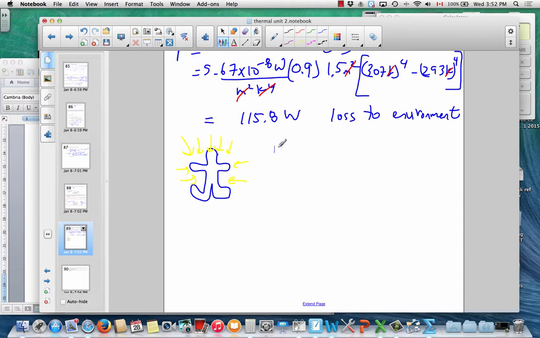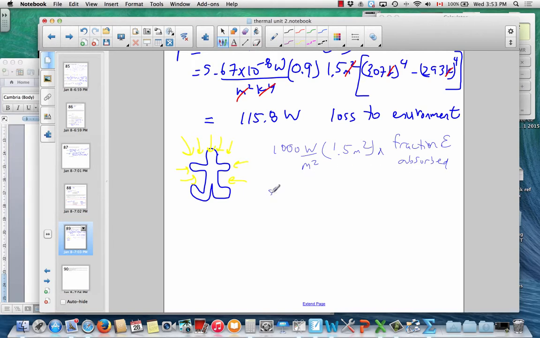So every square meter, and this would be on a really intense sun day in July when the sun is almost directly overhead. And there's about 1.5 square meters of area that's exposed to the solar energy, but then not all of that is absorbed by the skin. The emissivity tells us how much is actually absorbed.